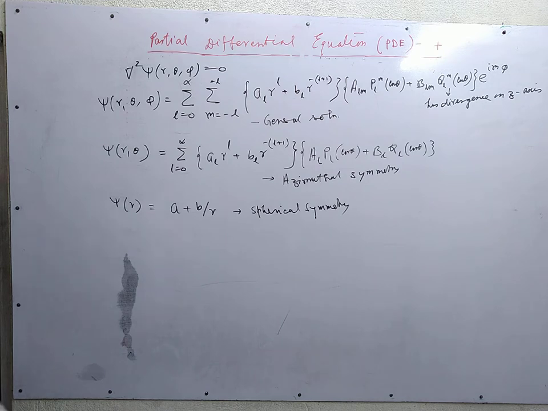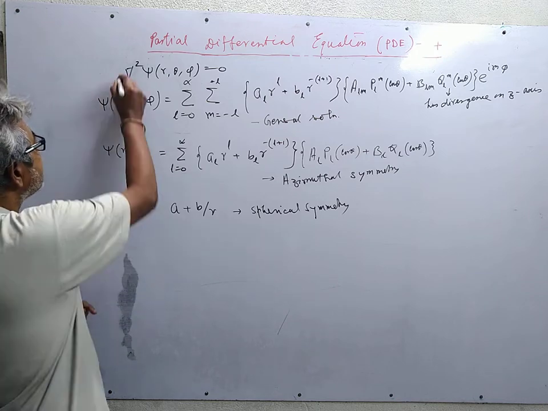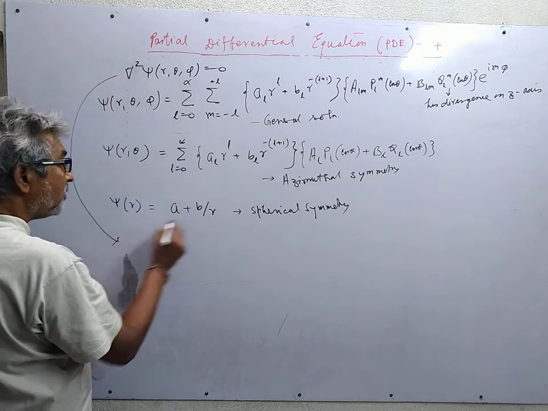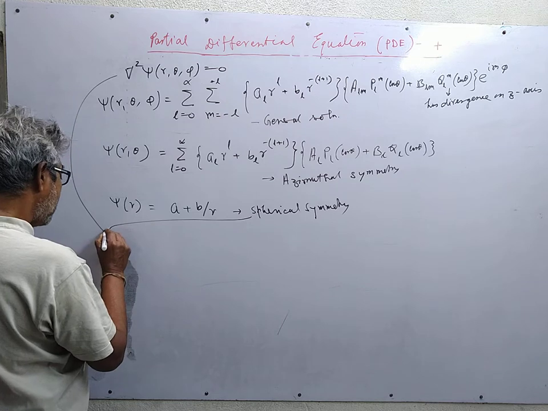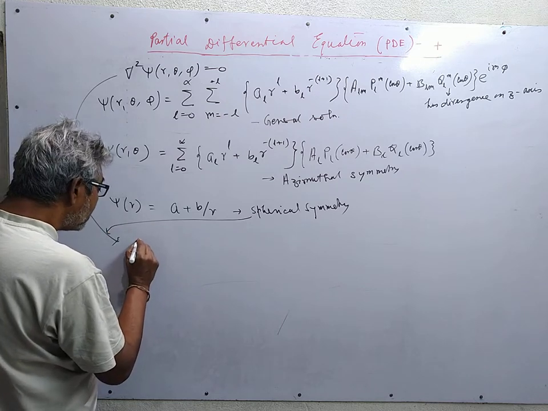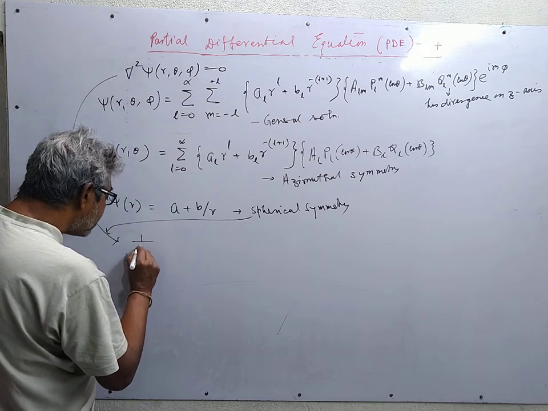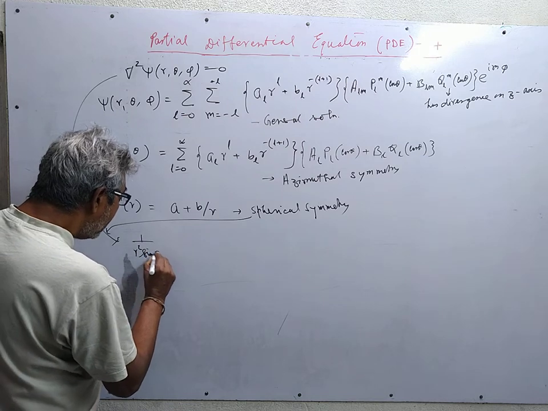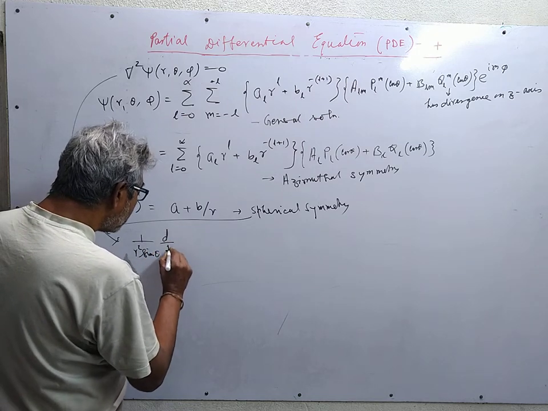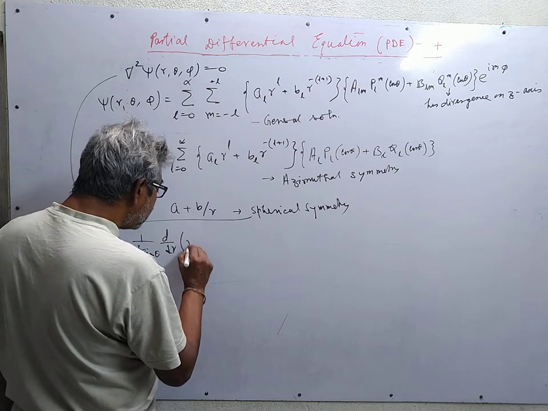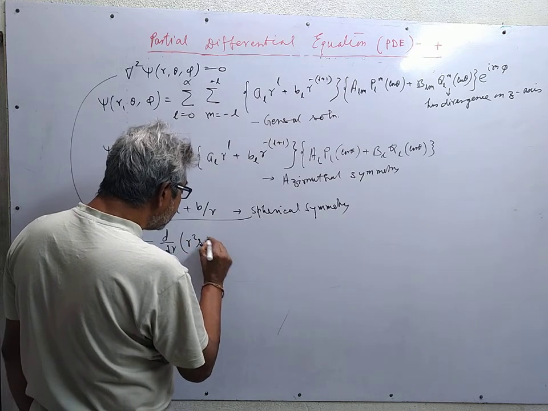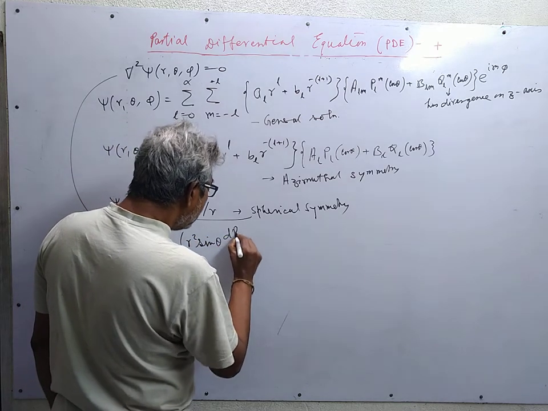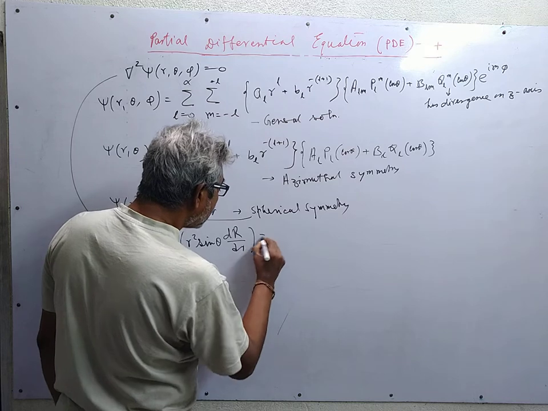This solution can also be obtained by solving Laplace's equation directly for the spherically symmetric case, which has only r dependence, so that we have d/dr of r square dR/dr equal to 0.